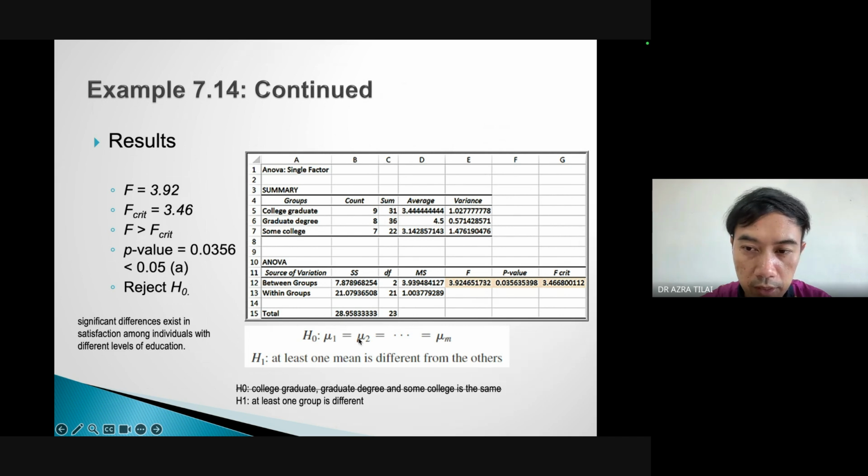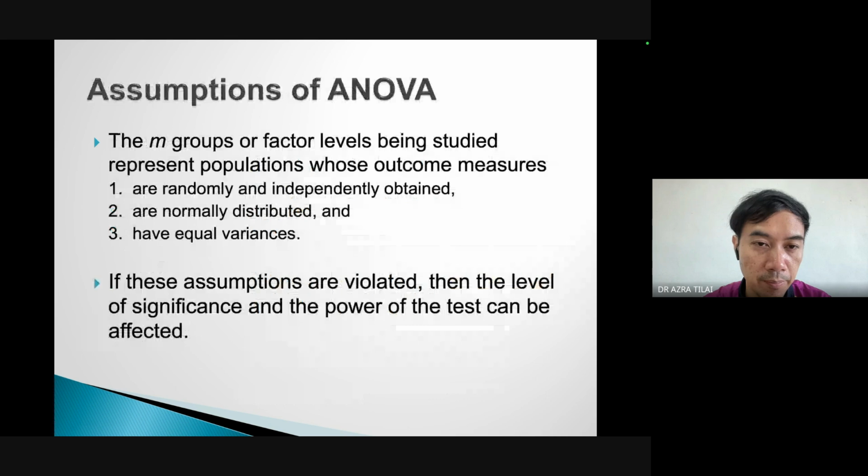When we find that the p-value is 0.03, you reject the null hypothesis, because your alternative hypothesis suggests that there is a significant difference in satisfaction among individuals with different levels of education. That's how you do the discussion.